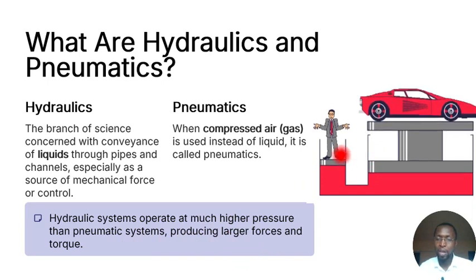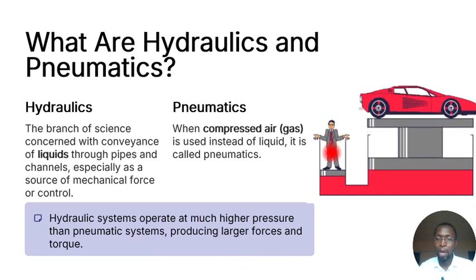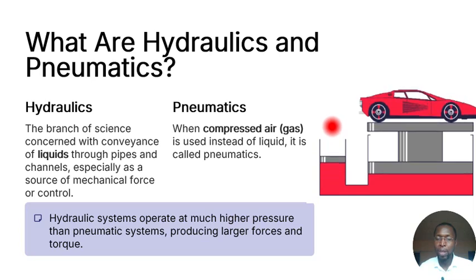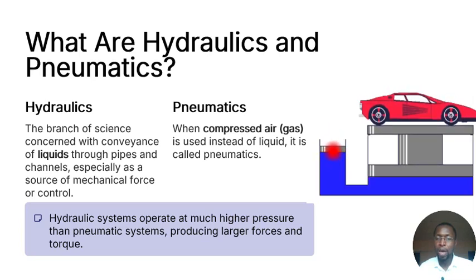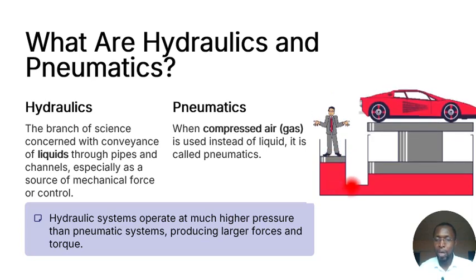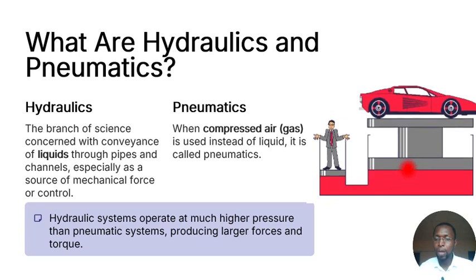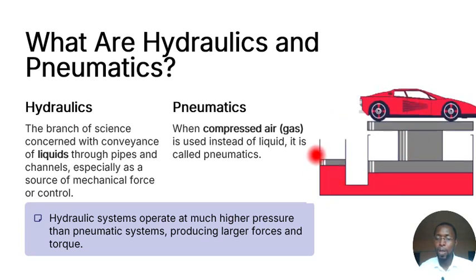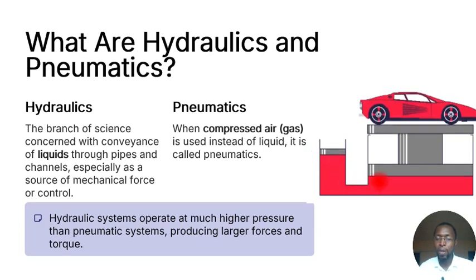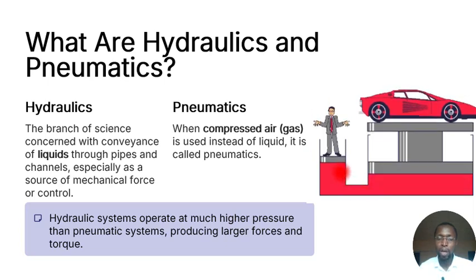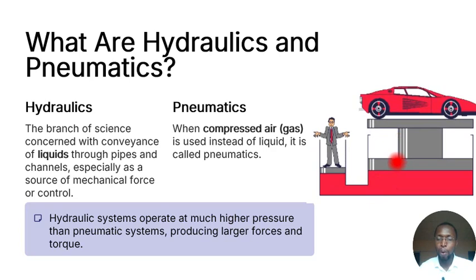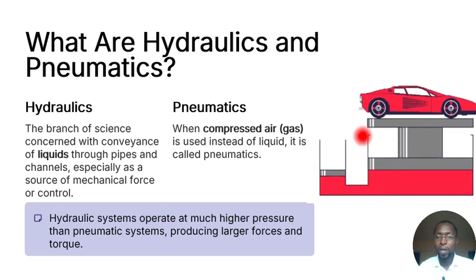As you can see here, this young man is making use of hydraulics because as he exerts his weight on this piston here, the piston presses the liquid, which invariably moves this car upward. So this is a typical example of a hydraulic system where you make use of the liquid as mechanical force in lifting an object. All right.